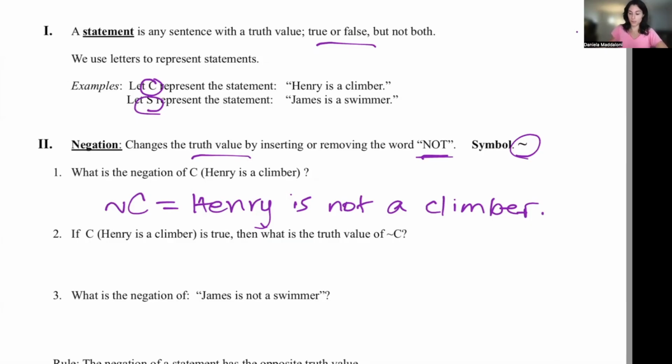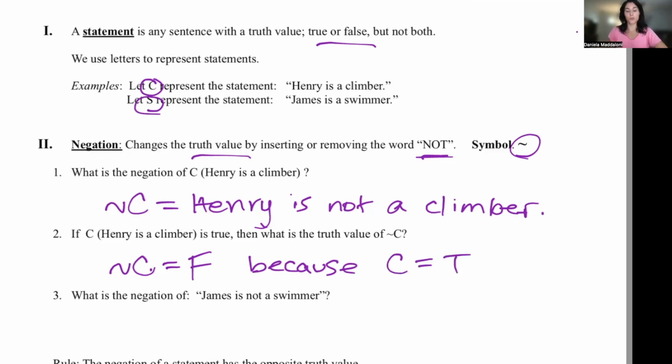Not C would be false, and we're going to put F for false, because C was true. I'll put T for true and F for false. So because C was true, then the opposite, right? The negation of C, the opposite of true, is false.